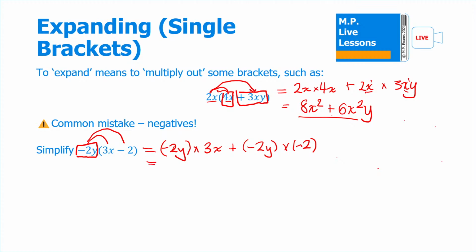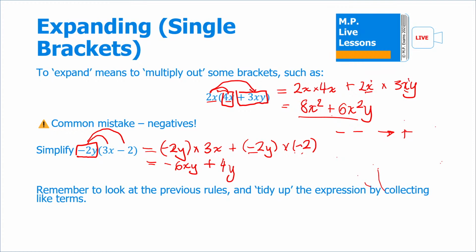So if we've got one negative, this becomes a negative. So you've got 6, -6, and then you put the letters together, so -6xy. Then we have a plus sign here, and since there's two negatives, that becomes a positive. So the positive stays the same, and our two ordinary numbers multiply together, 4, and you've just got y at the end.